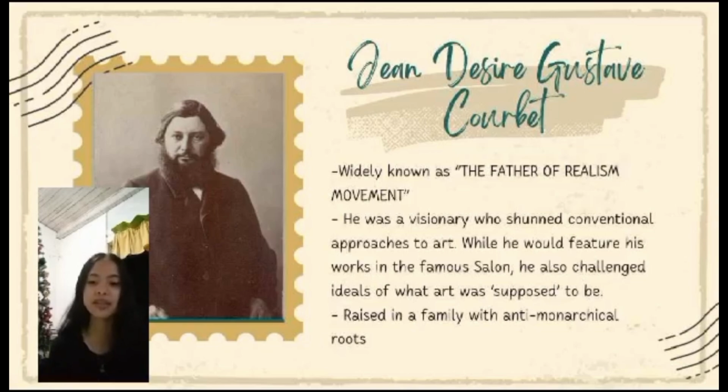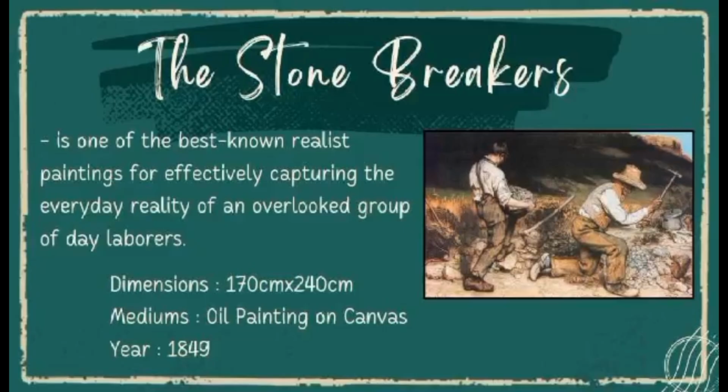So this is the painting of Gustave Courbet, entitled The Stonebreakers. The Stonebreakers is one of the best known realist paintings for effectively capturing the everyday reality of an overlooked group of day laborers. As you can see, the artwork depicts two men breaking stones on the roadside. The scene is set in a rural landscape with a rocky path and a low wall in the background.